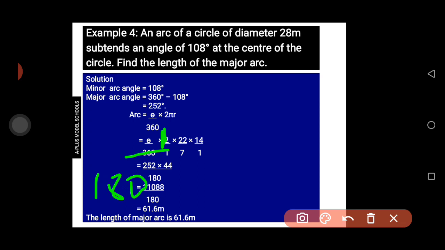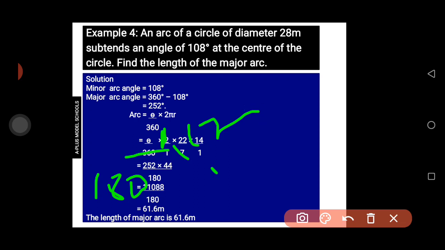Then multiply this out: 252 multiplied by 44, divided by 180. Why? Because 7 goes into 7 once, 7 goes into 14 twice. So 2 goes into 2 once, 2 goes into 360, 180.